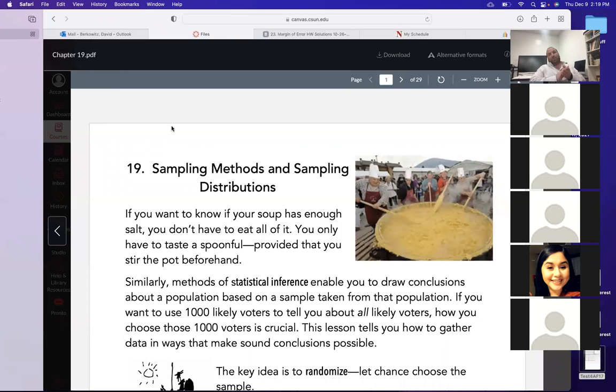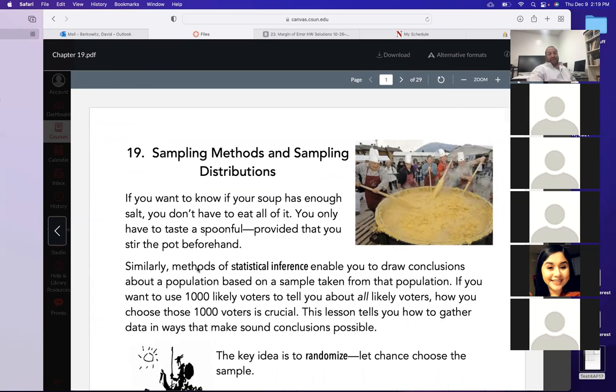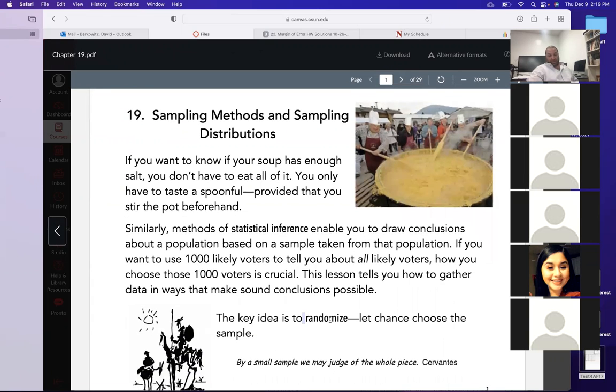And in order to do that, we have to make sure that the samples were taken in the right way. And at the same time, we have to understand the mathematics of inference so that we can make appropriate conclusions based upon our sample. And the main idea of sampling is to randomize. You have to make sure that your samples are randomly generated.